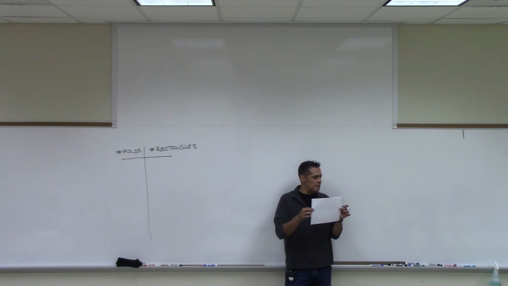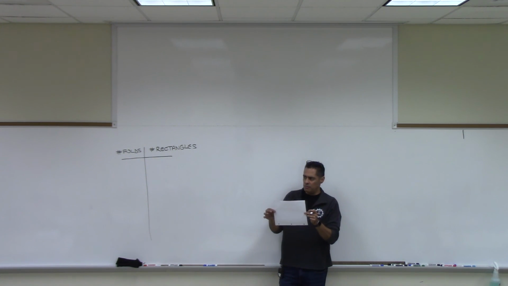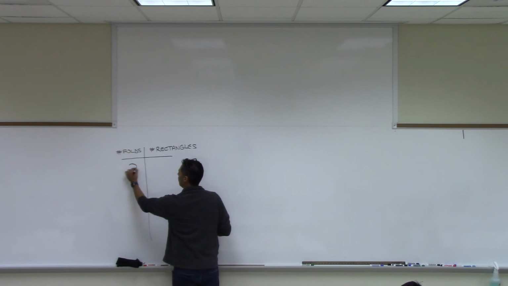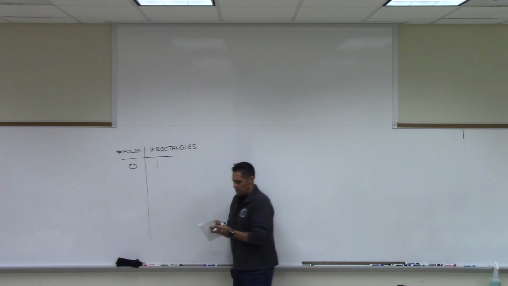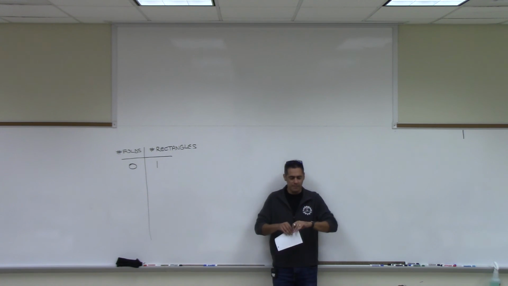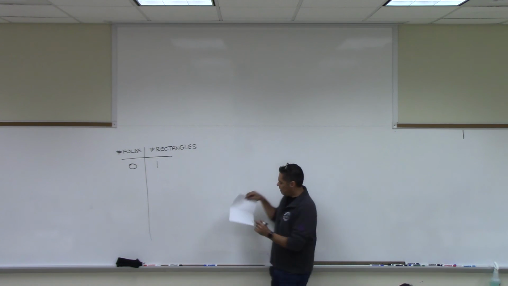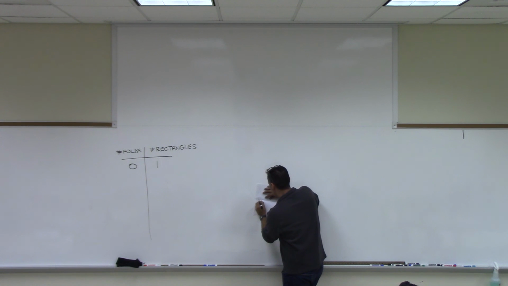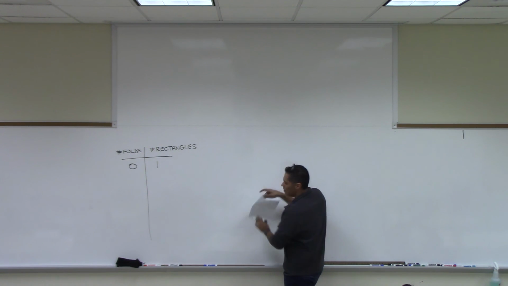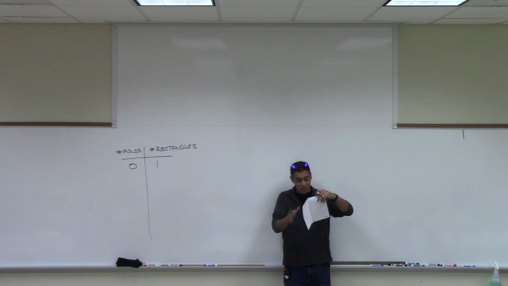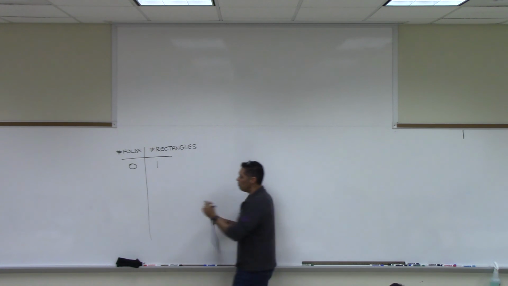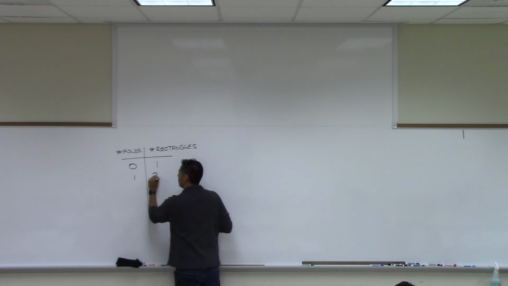There's no folds in the paper, and you see one rectangle. No folds, one rectangle. Now I fold it once down the center, and I open it up. I guess I could draw a line there where I folded it so you can see it, but how many rectangles now? They'll see two. Two rectangles. So one fold, two rectangles.